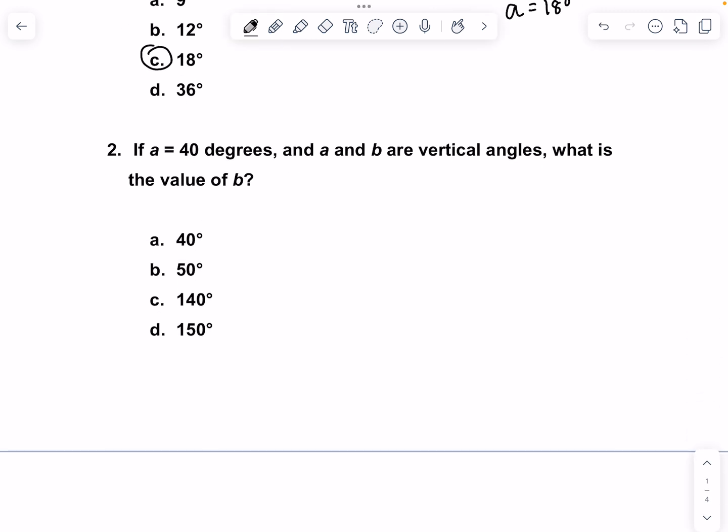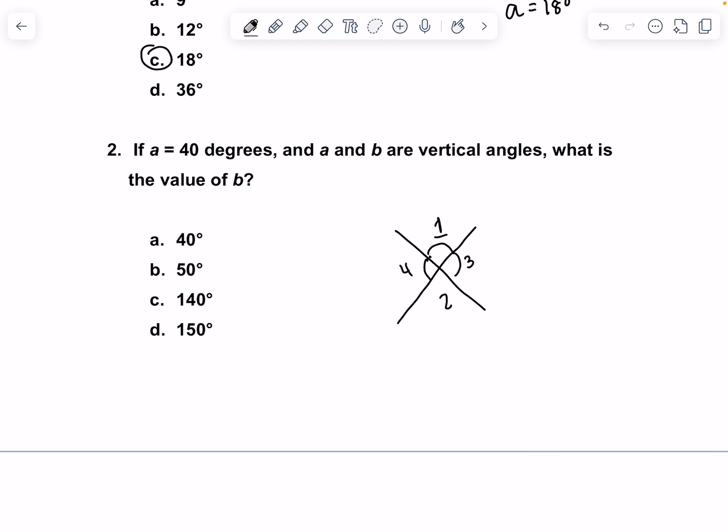Number 2 says if A is equal to 40 degrees and A and B are vertical angles, what is the value of B? So let's just say we have an X right here, and we have angles 1 and 2, and then angles 3 and 4.